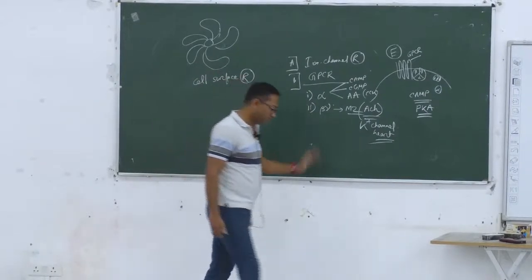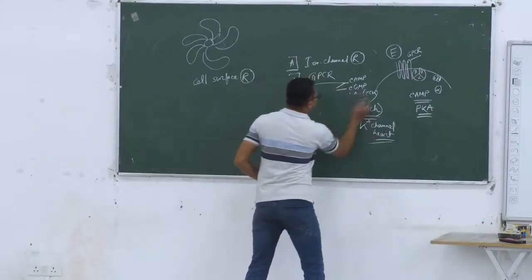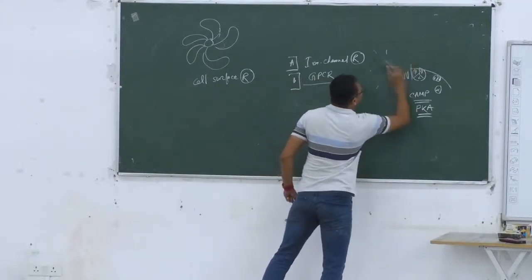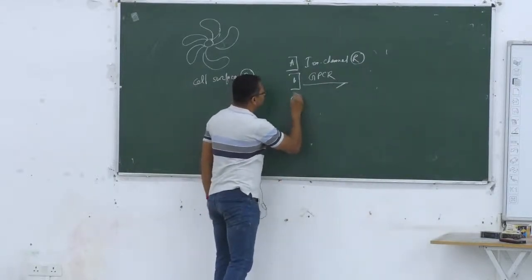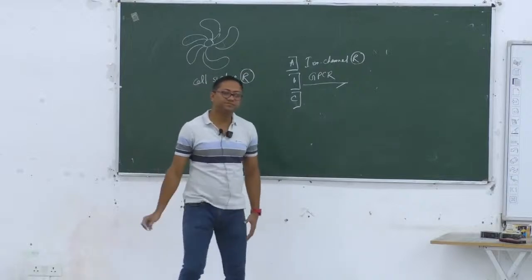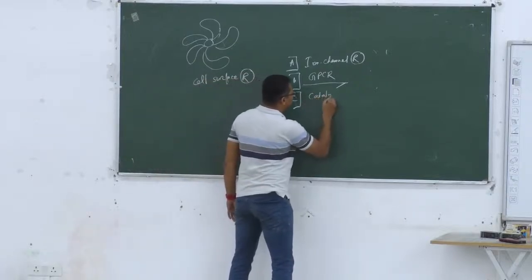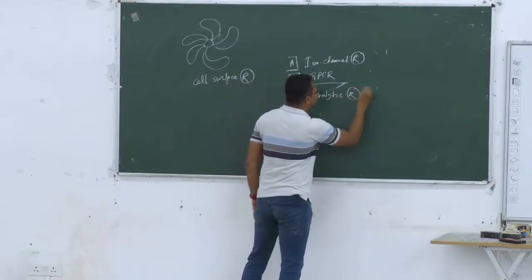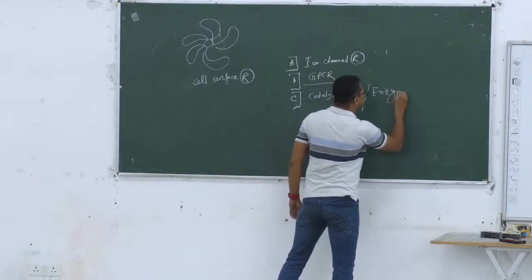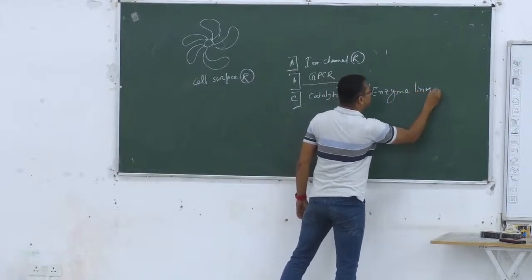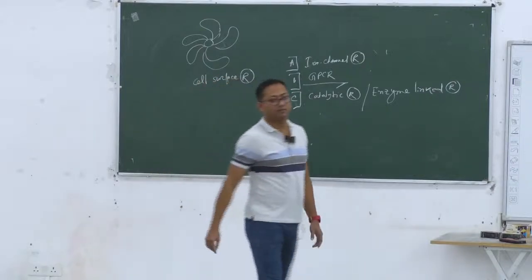Now the third classification, the major and very important classification, is catalytic receptor. It is also called enzyme linked receptor.